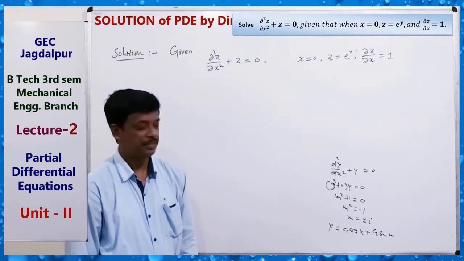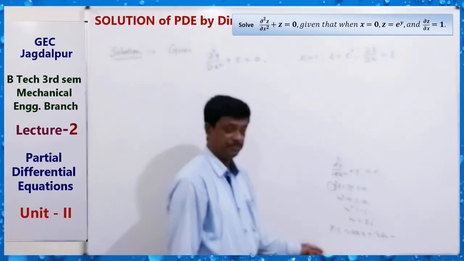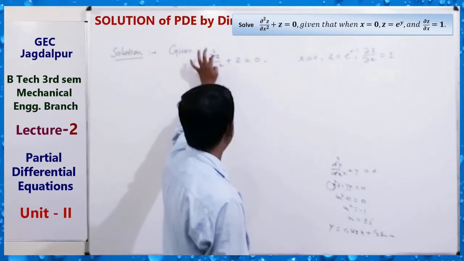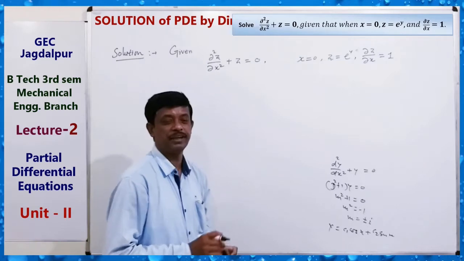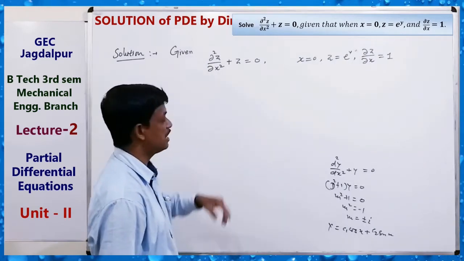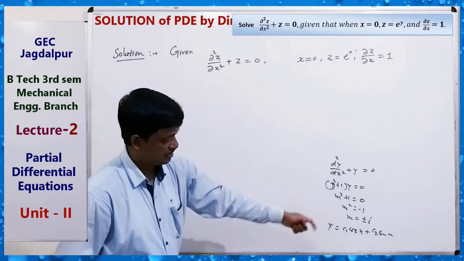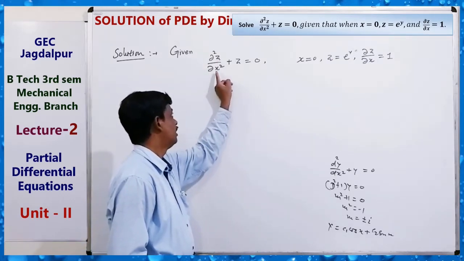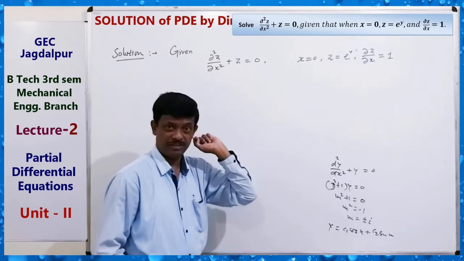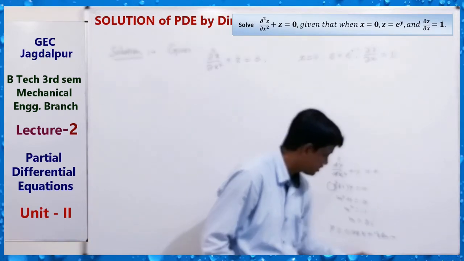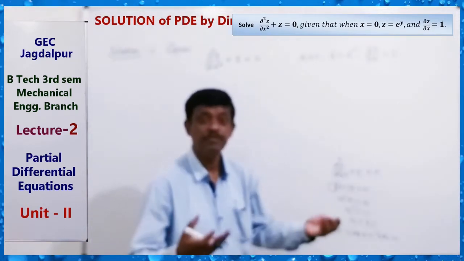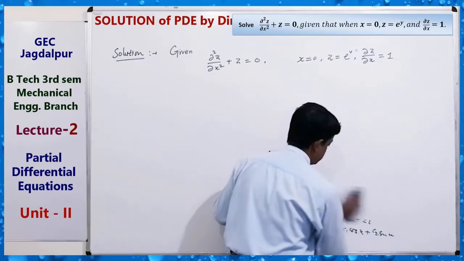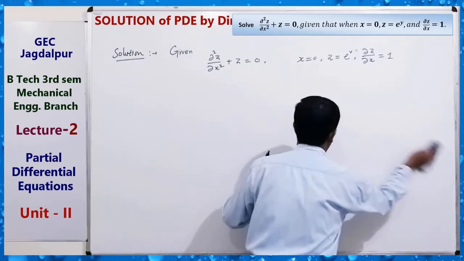Similarly, if z is only a function of x, then we can write its solution like this. But z is a function of x and y both, so these arbitrary constants will be functions of y. So we can take its solution like this.